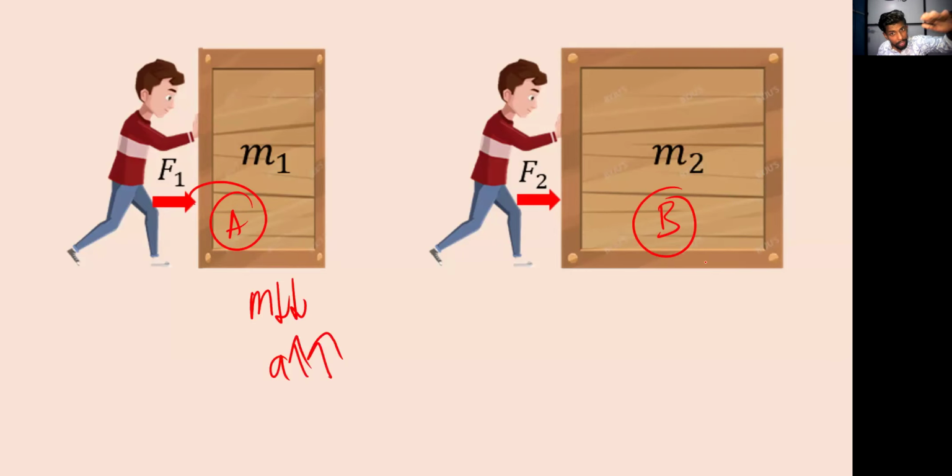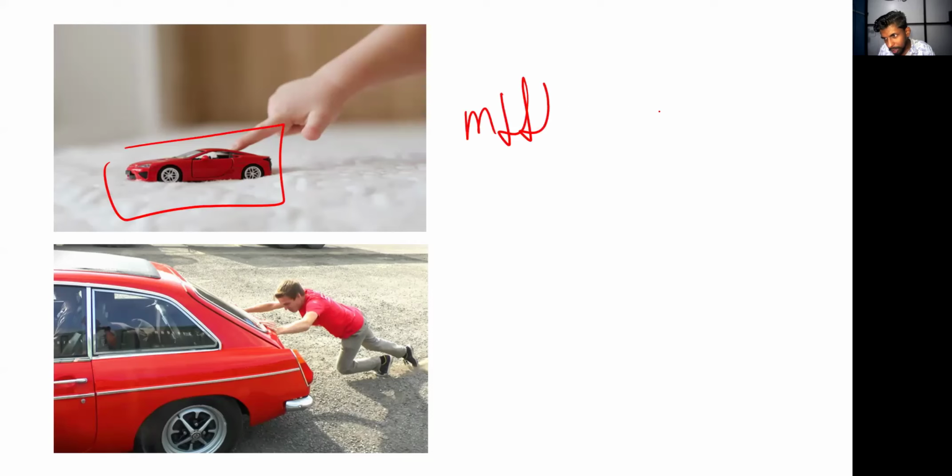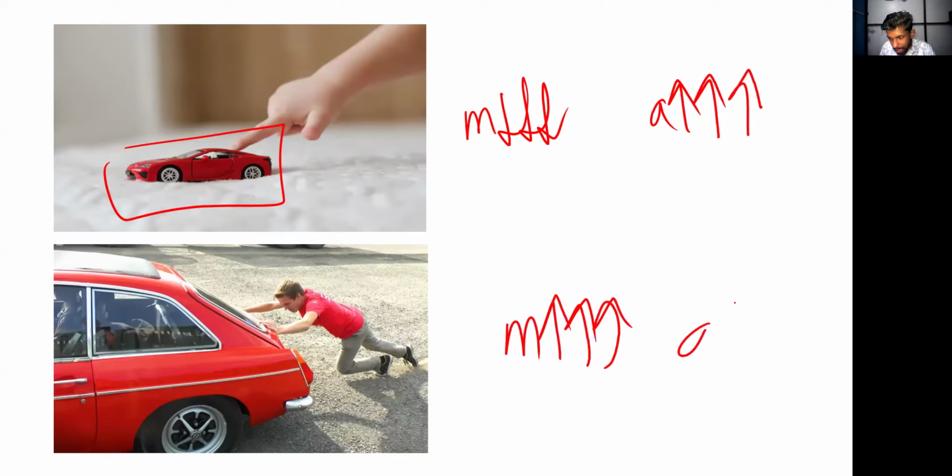If the mass is very, very high, what will happen to the acceleration? The acceleration will be very, very low, right? Okay. Look at this example. When you are pushing a small car or a big car, here the mass is low, so the acceleration will be high. Here the mass is high, the acceleration will be low.